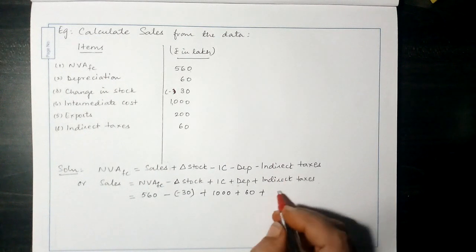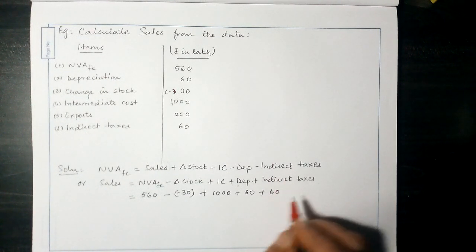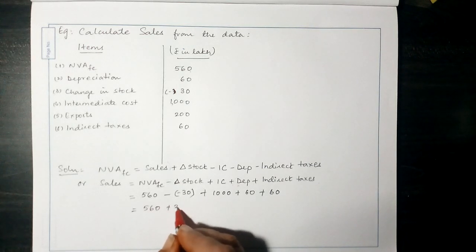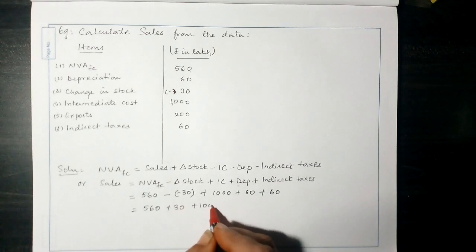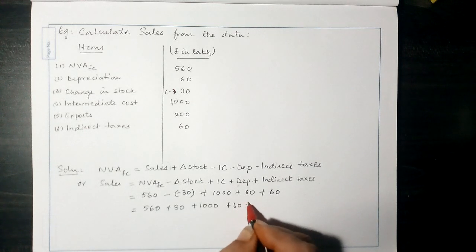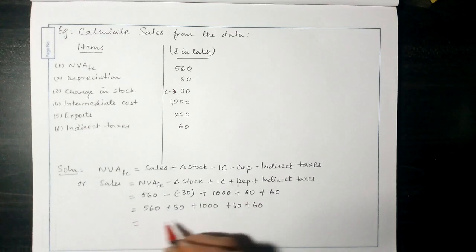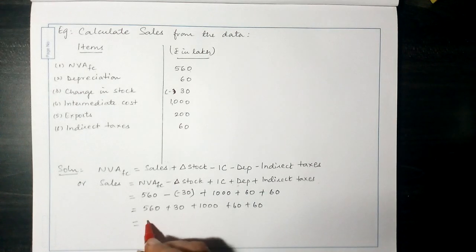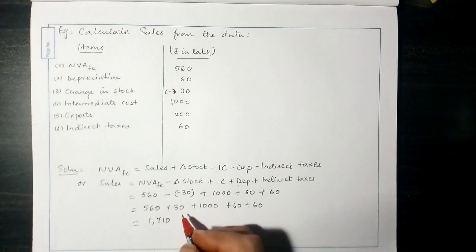However, here it is only indirect taxes. So this is equal to 60 again. So if you calculate, you get 560 plus 30 plus 1000 plus 60 plus 60. So this would give us a value of 1590 plus 120, which gives 1710 crore, right?